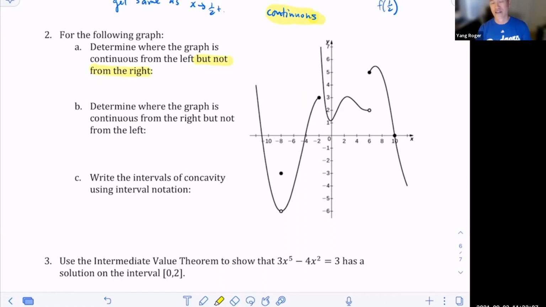So that's trying to remove any ambiguity. Why don't you try all three of these and then answer this last question as well. Just take a few moments to try that. And when you're done, you can let me know.